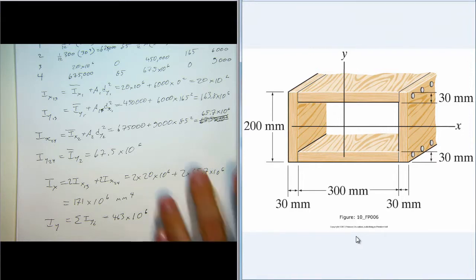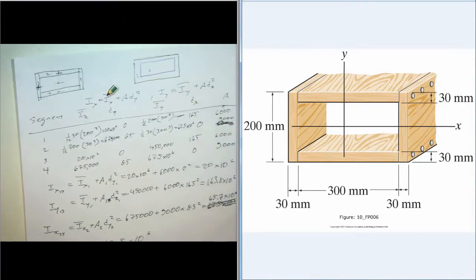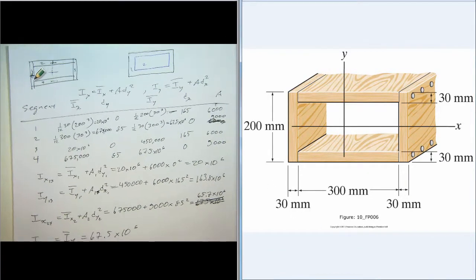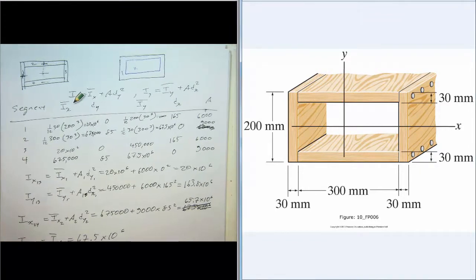So in summary, or to review, we divided the composite body into 4 segments, and we wrote down the equations that we're going to be working with. And then we found that for a composite body, we're going to end up summing all the moments of inertia about a common axis. So we had the equations to find the moments of inertia for all these components about these reference axes, about x and y right here.